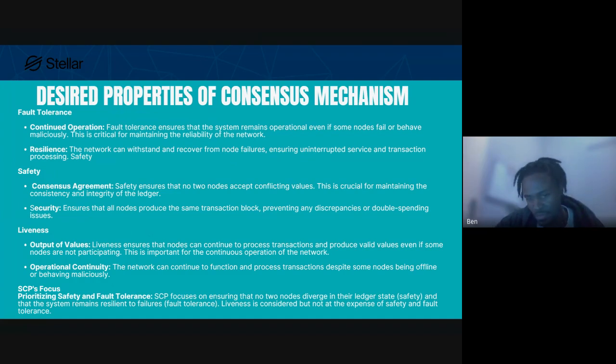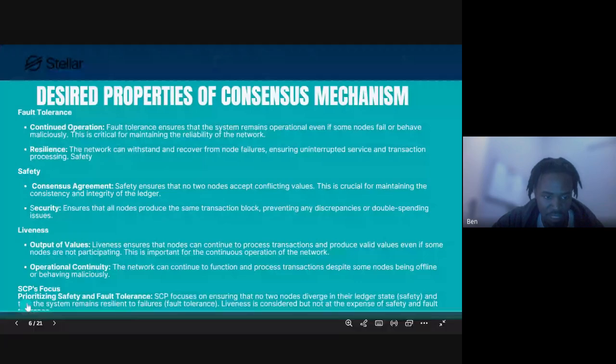That's why sometimes on the Stellar blockchain, you might experience some slowness, some delays, but this is because the priority is safety and fault tolerance. I hope that makes sense.